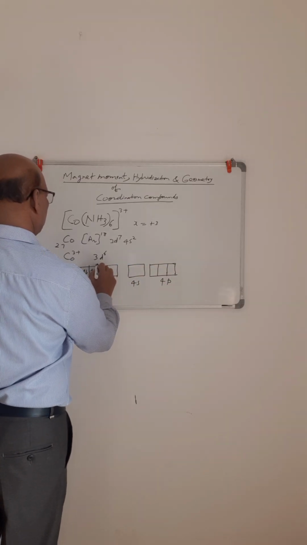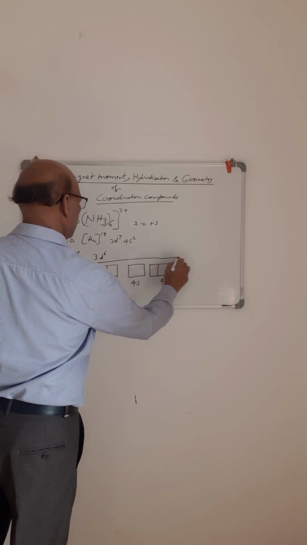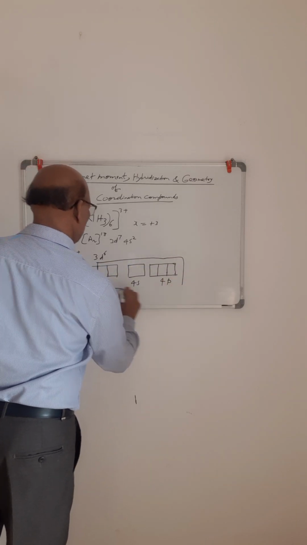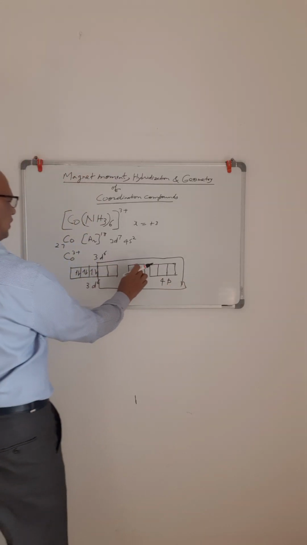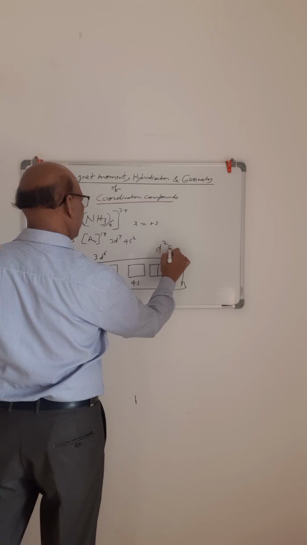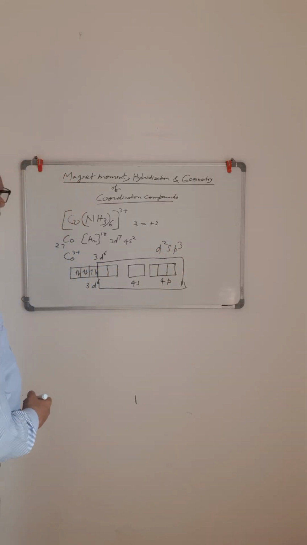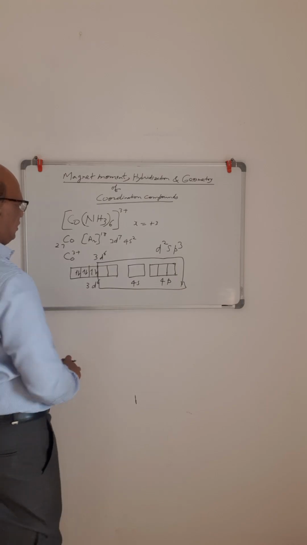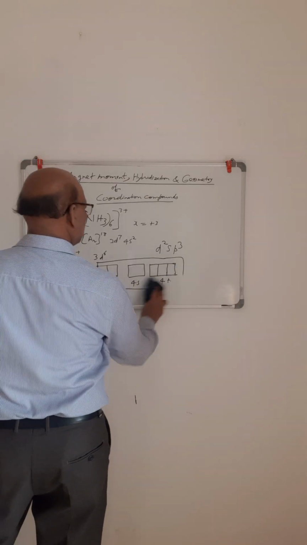So the hybridization will be done by 2 d orbitals, 1 s and 3 p. So we will have d2sp3 hybridization, and the geometry will be octahedral, and this will somehow look like this.